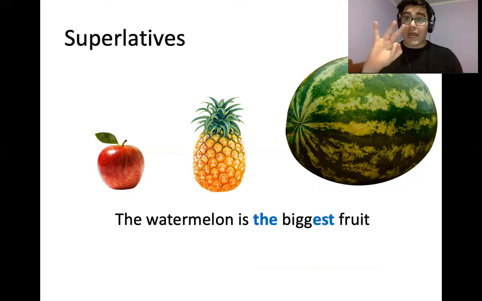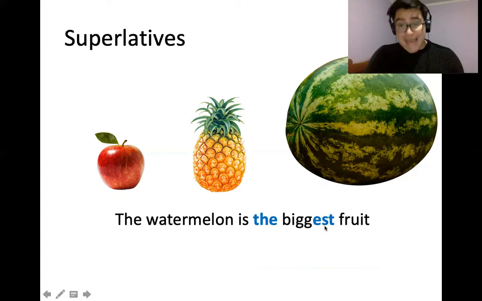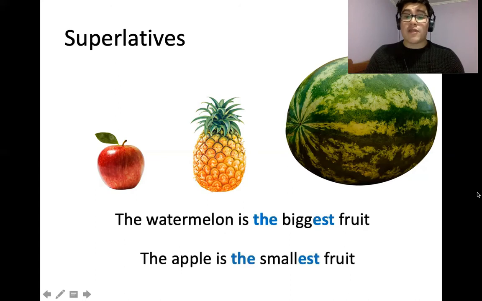We have three elements, and we are talking about this watermelon that is big. So I say the biggest. If I talk about the apple, I can say the apple is the smallest fruit. The smallest fruit.